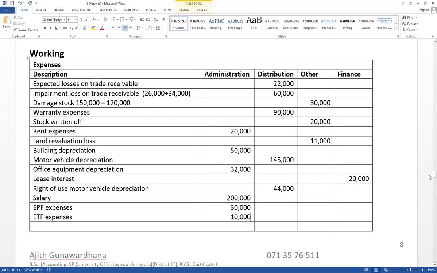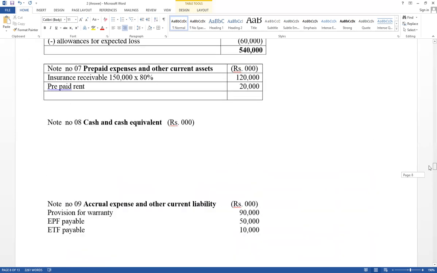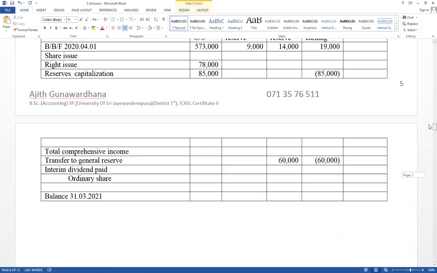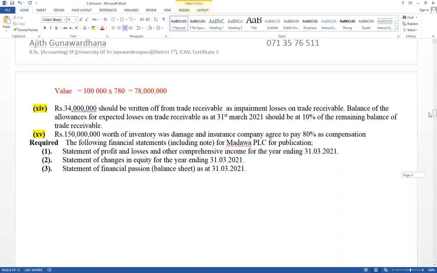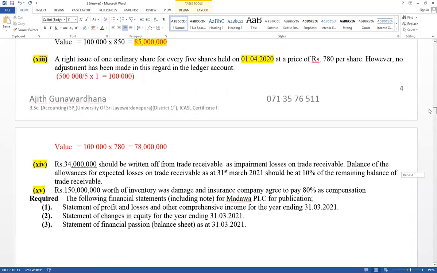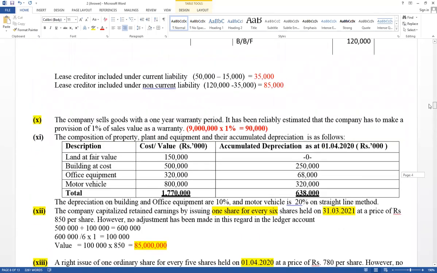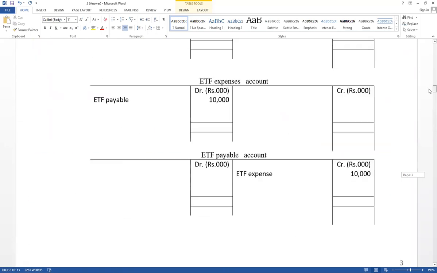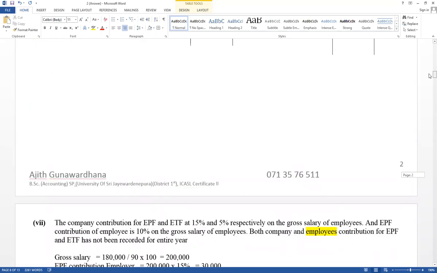Then all the adjustment we have discussed, very important: lease in adjustment available, EPF available, revaluation available, damage stock available. All the example it is given like that.